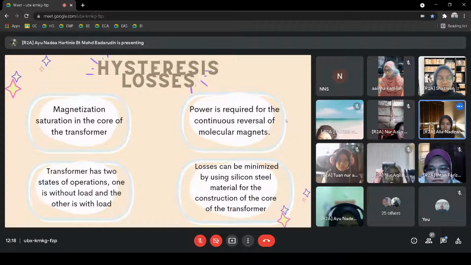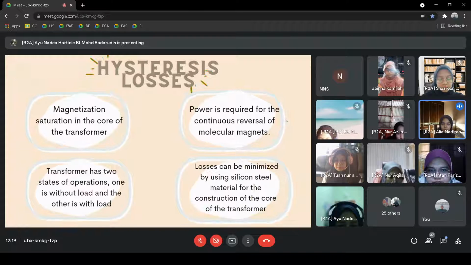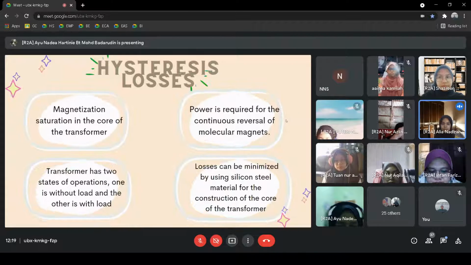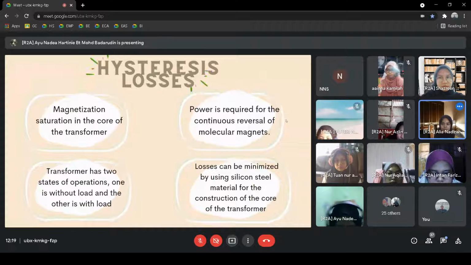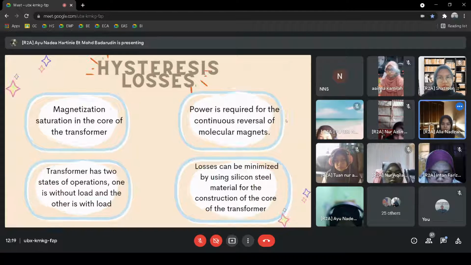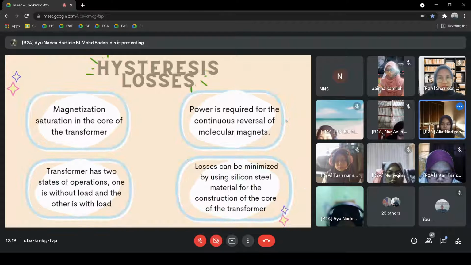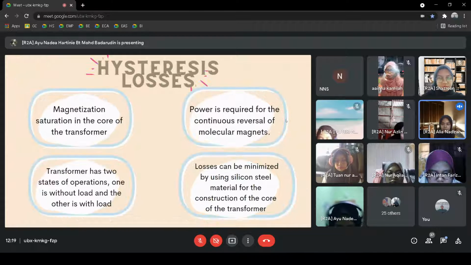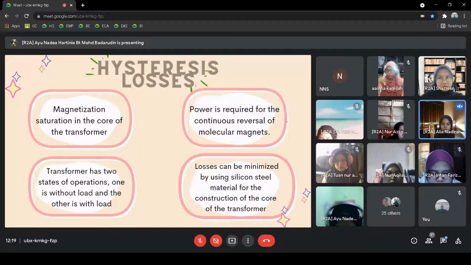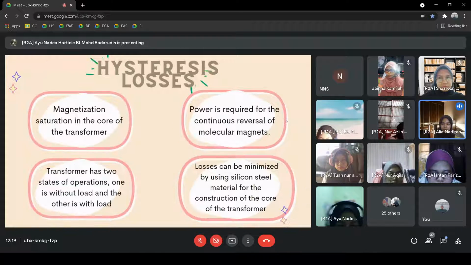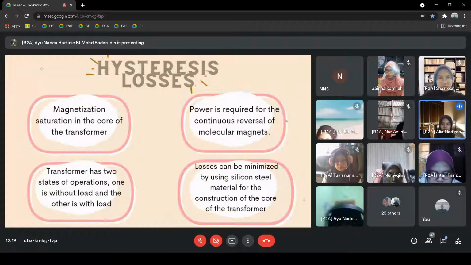Transformer has two states of operation. One is without load and the other is with load. Most of these errors appear when the load is applied on the transformer. When the magnetization force is applied within the magnetic material, then the molecules of the magnetic material are aligned in one particular direction.